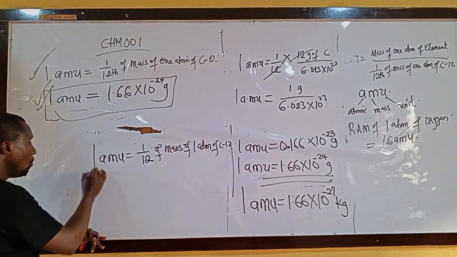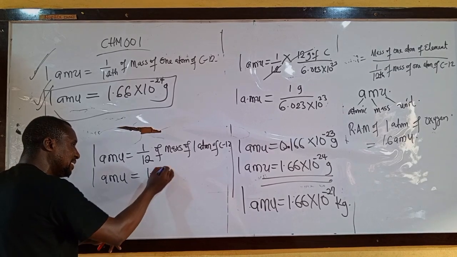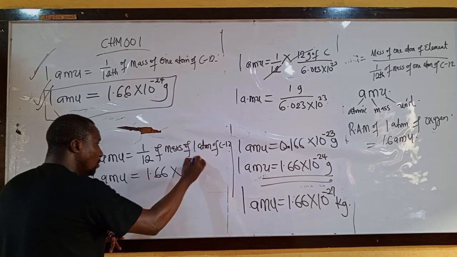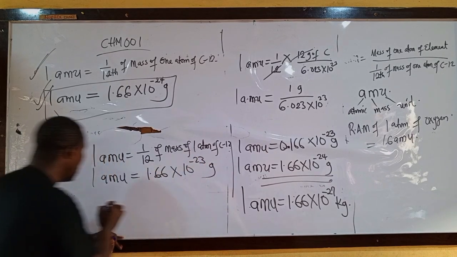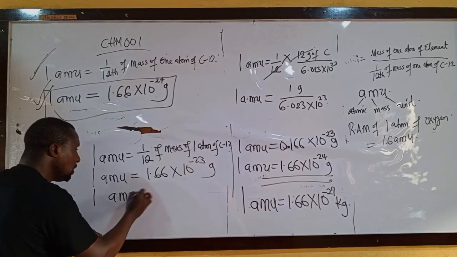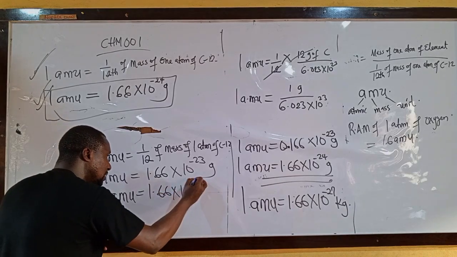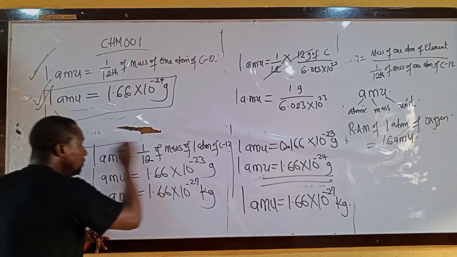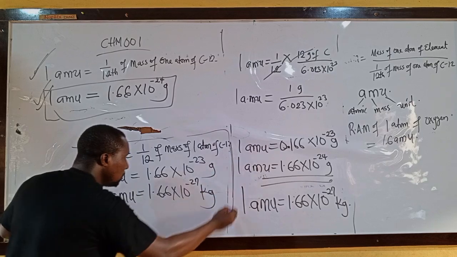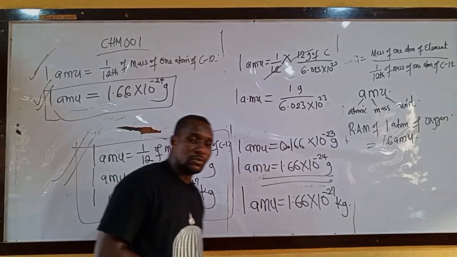The second: one atomic mass unit is the same thing as 1.66 times 10 raised to the power minus 24 gram, which can also be given as 1.66 times 10 raised to the power minus 27 kilogram. Take note of this.